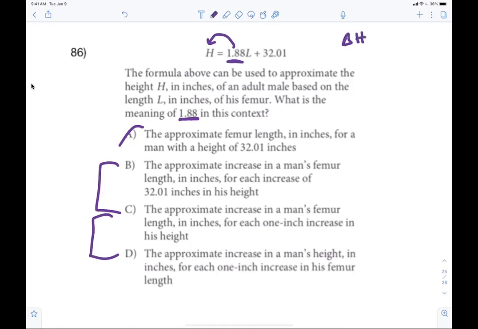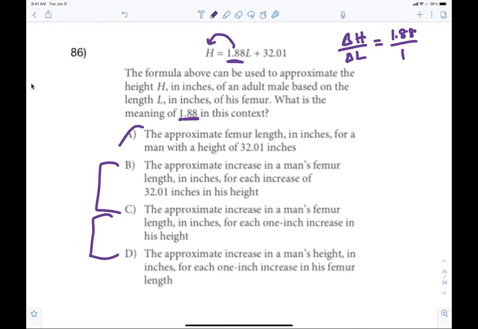Delta H over delta L would be considered the slope. What number goes with delta H? 1.88. What goes with delta L? 1. All right. That's how I want you thinking about it.